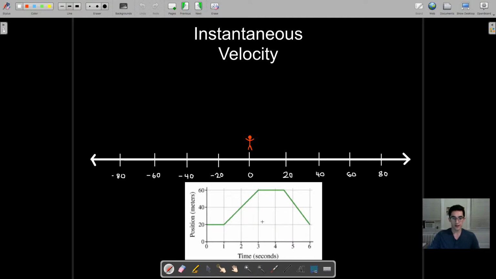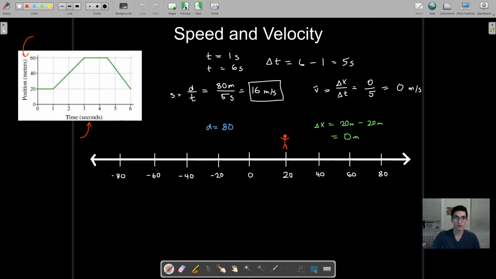Let's talk for a minute about instantaneous velocity, though, because we're able to find, oh, apologies, I should mention, there's another way you can find velocity on a graph. Can you tell what it is by any chance? Think about what the velocity is from time of 2 seconds to a time of 3 seconds.